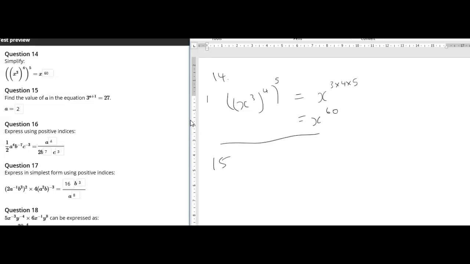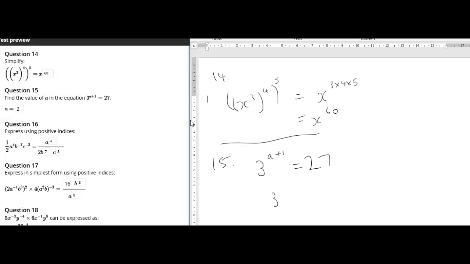Question 15, we have 3 to the power of a plus 1 equals 27. Now, when we're solving for powers, so say our unknown is a power or an index, we need to get on the left-hand side and the right-hand side the same bases.